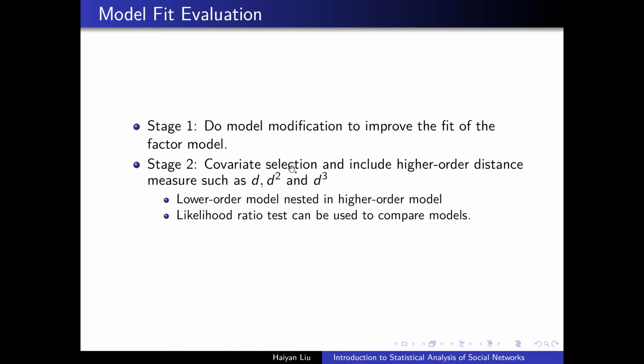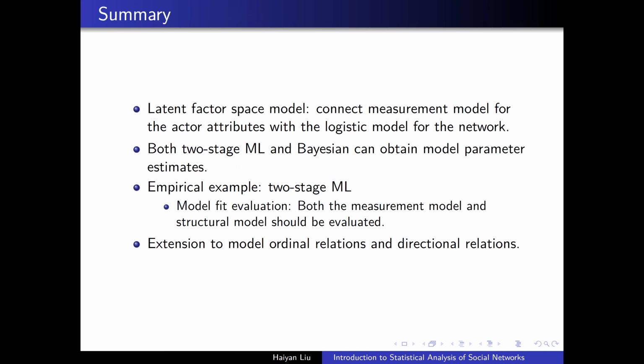Because all the other covariates are the same, when we include D square in the analysis, we also have D. And when we include D cube, we also have D and D square in the analysis. So the lower models are nested in the higher model. Then we could use a likelihood ratio test to compare different model fits and detect the best fit model. In the following, I'm going to illustrate that.